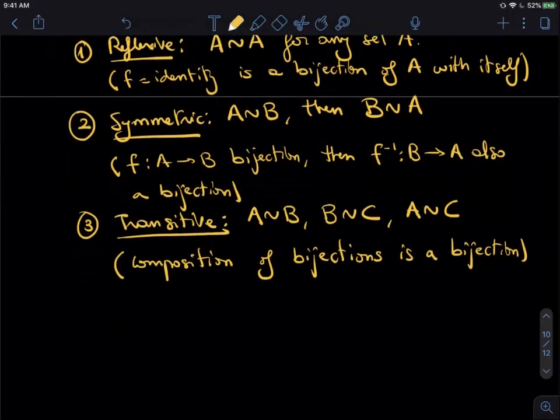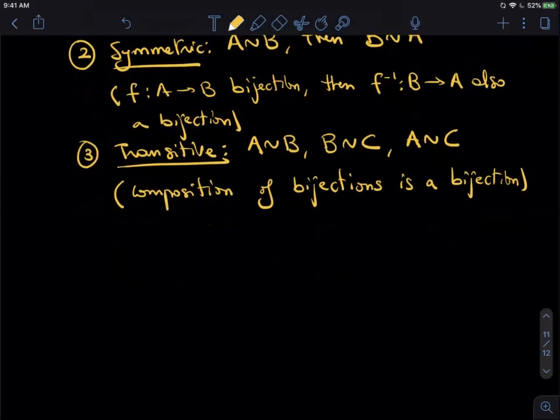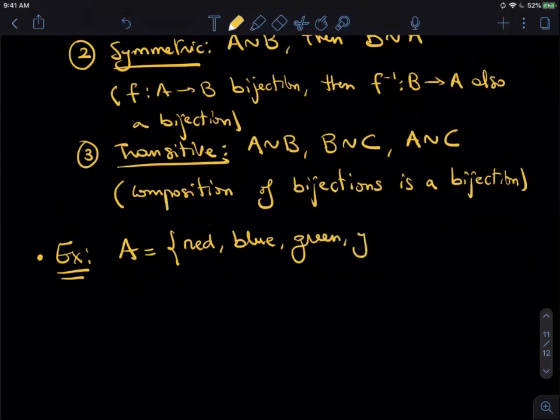Now, let's see some examples here. Here the point is with finite sets, it's very clear if two sets have the same number of elements. For example, I could have the set A of colors that is red, blue, green, yellow.